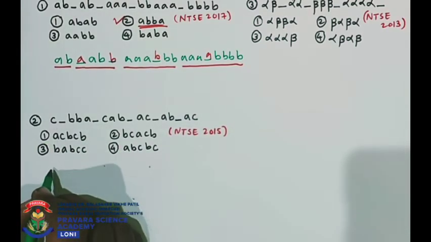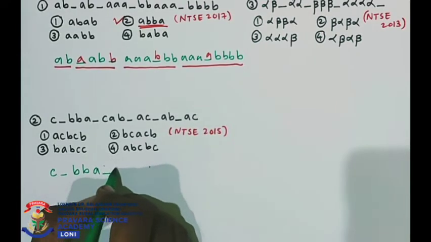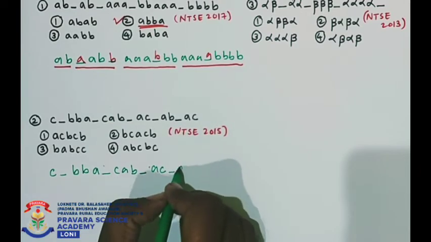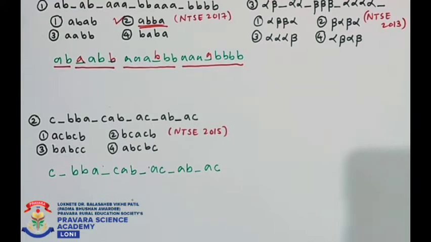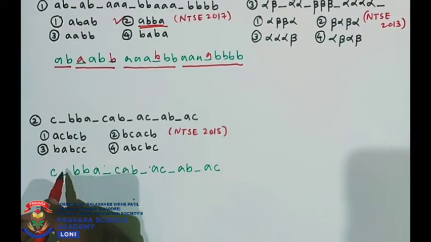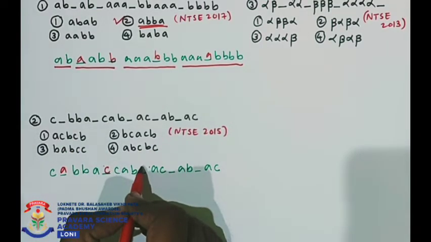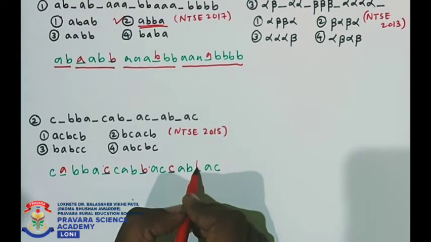I will write this again: C blank space BBA blank space CAB blank space AC blank space AB blank space AC. Now I will try the first option. I will put A here, I will put C here, I will put B here, C, and here B.